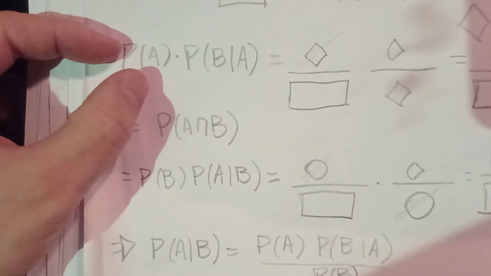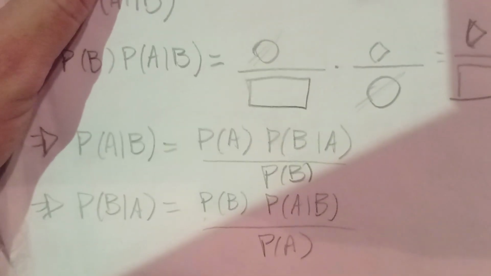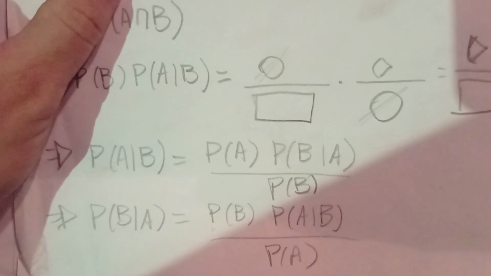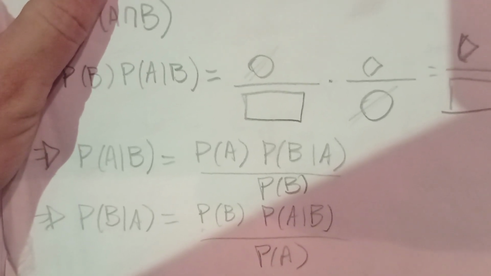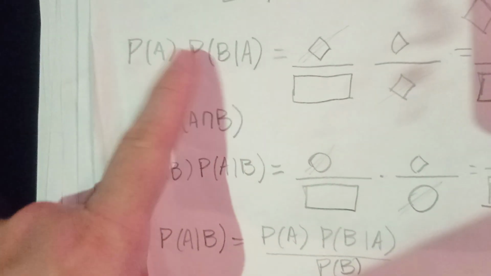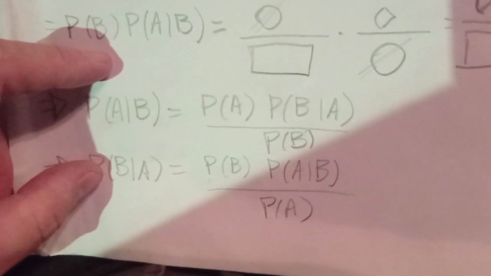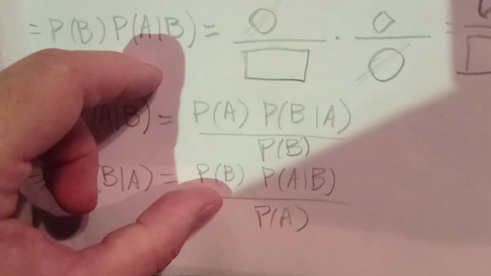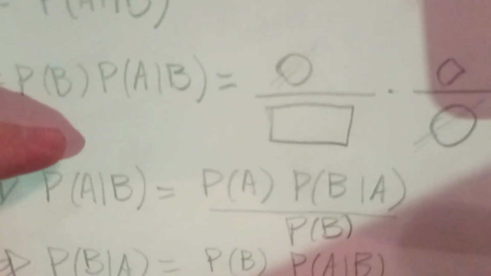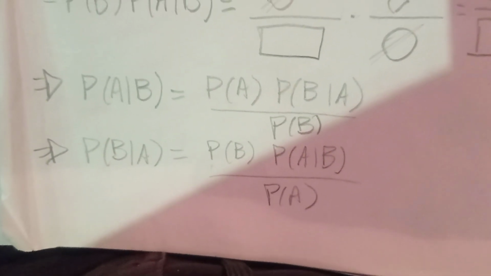If we pass P of B dividing, it gives us that A given B is the probability of A times the probability of B given A divided by the probability of B. And with B given A isolated, P of A is going to pass dividing here, so the probability of B given A is the probability of B times the probability of A given B divided by the probability of A. And those are two ways of expressing stuff in Bayes.